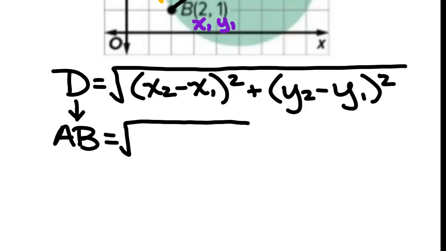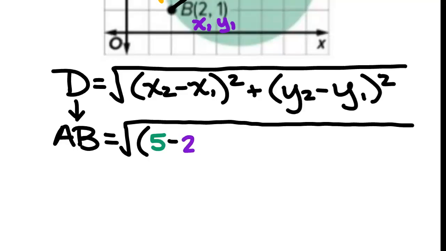Big square root sign here. And then we do x2, which is 5, minus x1, which is 2. So 5 minus 2, close my parentheses and square it, plus parentheses y2, which is 3, minus y1, which is 1.